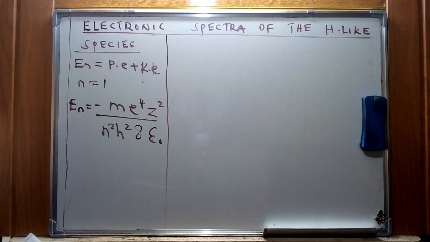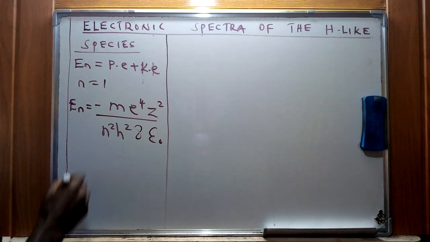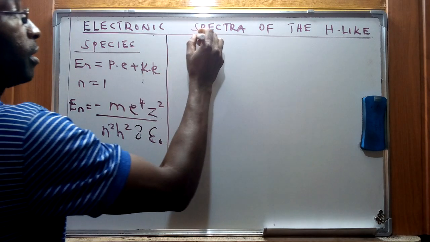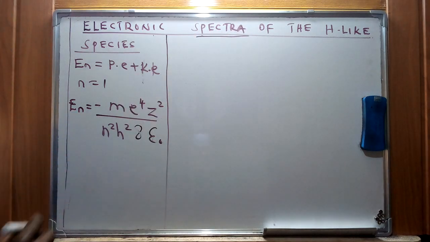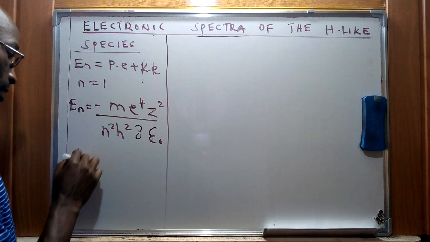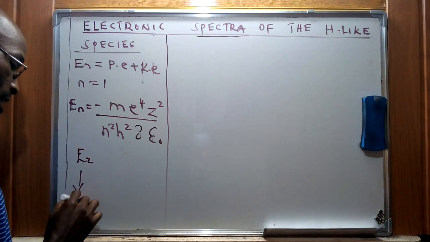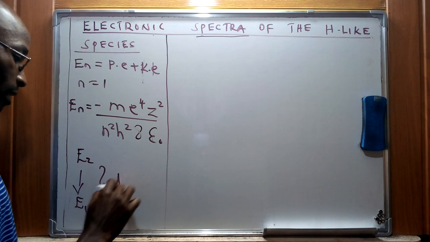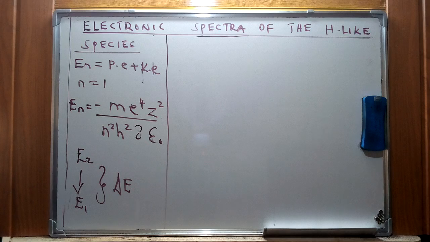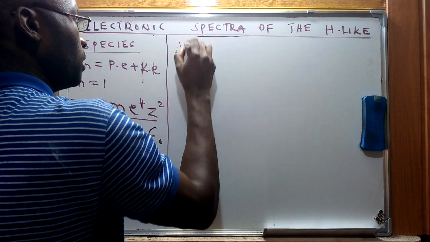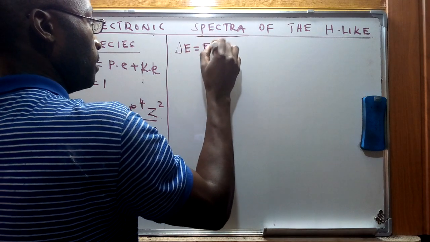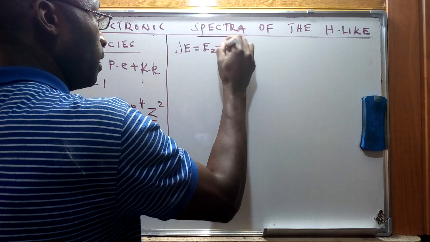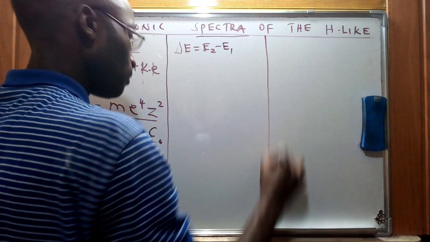These spectral lines, as we said, were produced from electrons changing from a higher energy state to a lower one, and this change in energy was described as delta E, the difference between E1 and E2.